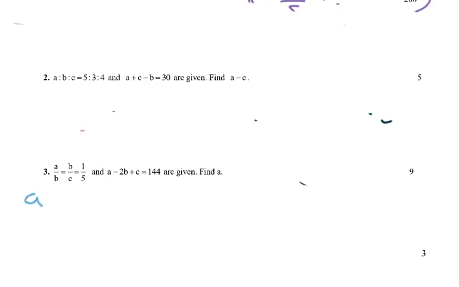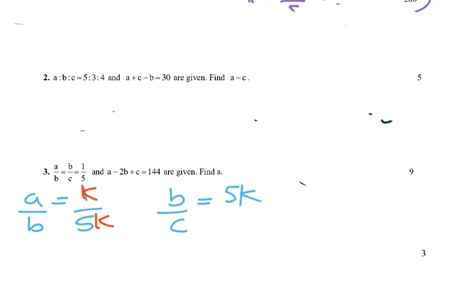In 3 then, we know that a over b is equal to 1 over 5, or 1k over 5k. Then b over c, well, we know what b is. We've given it a value, an expression for b is 5k over c, and we know that that's also equal to 1 over 5.